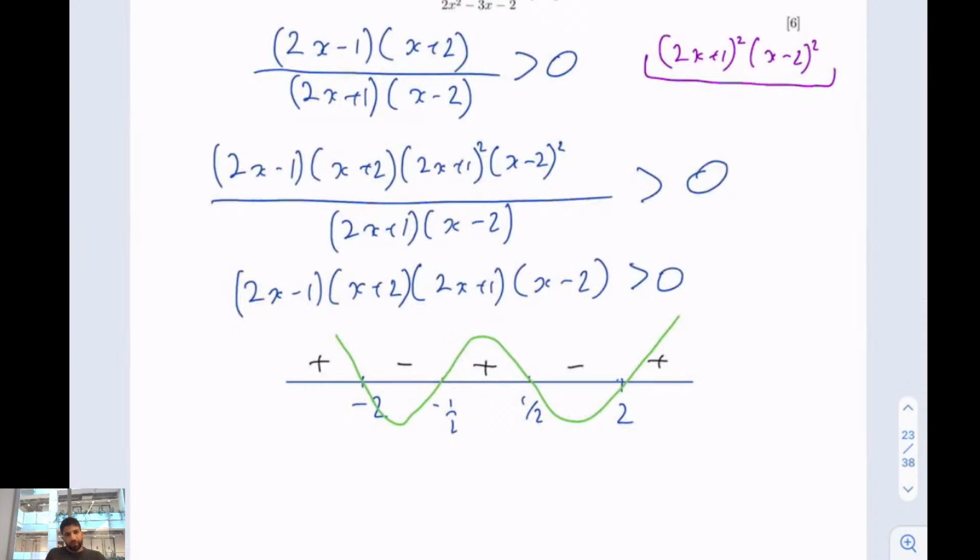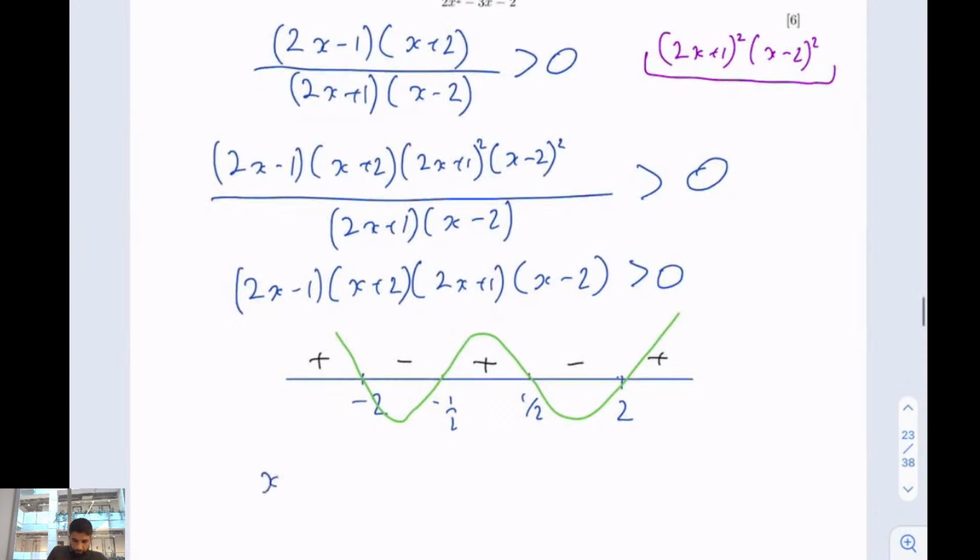And you can see that's when x is less than -2, or it's between -0.5 and half, or when x is greater than 2. So that's the final solution of your inequality. These are the x values.